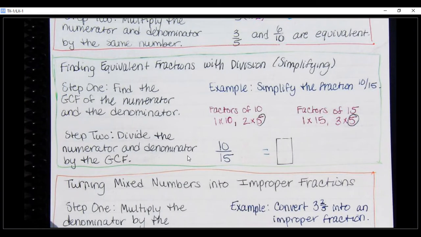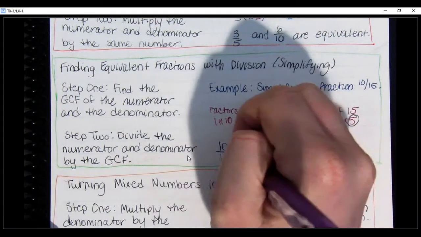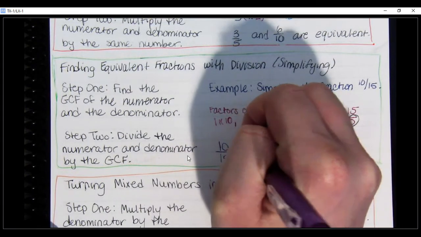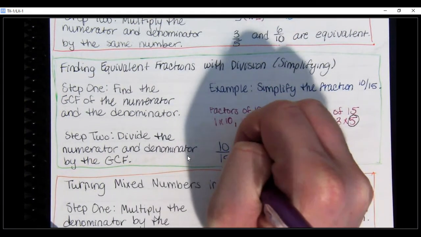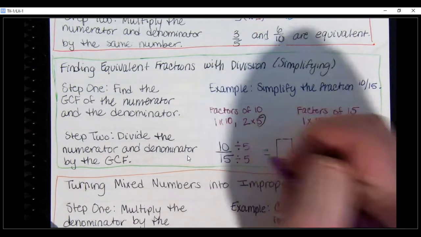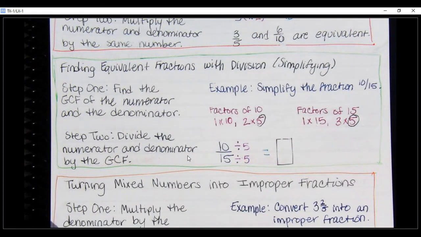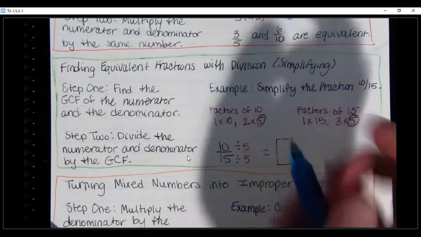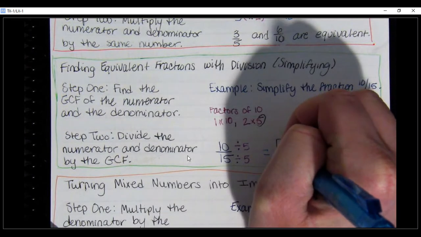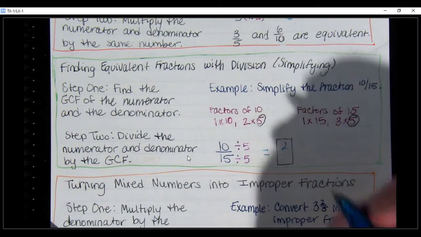Step 2 is to divide the numerator and the denominator by that GCF. So I'm taking that 10 and dividing it by the number 5, along with the denominator, dividing it by the number 5. Well, 10 divided by 5 is 2, and 15 divided by 5 is 3.